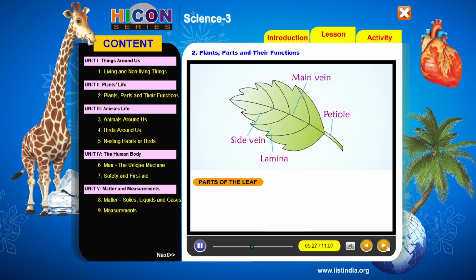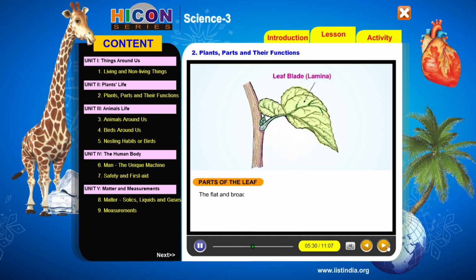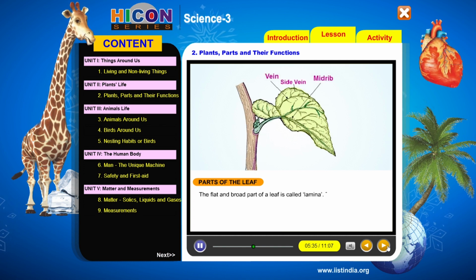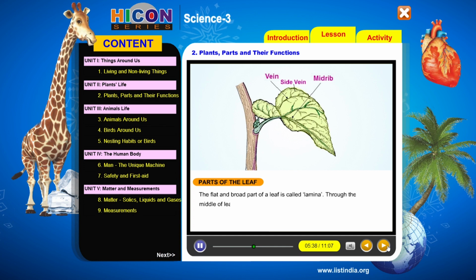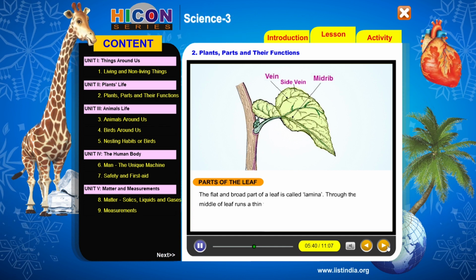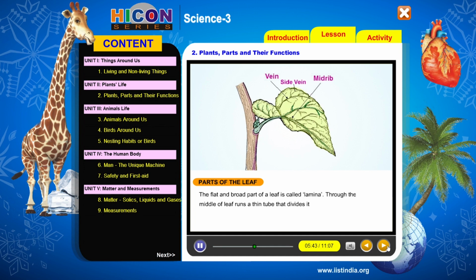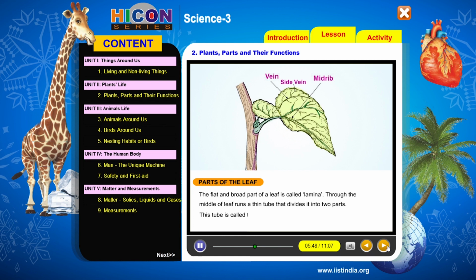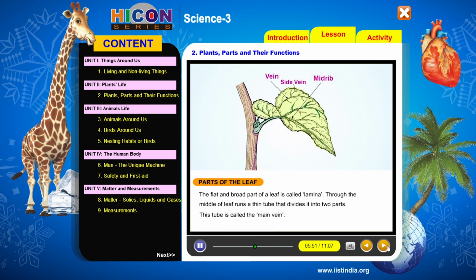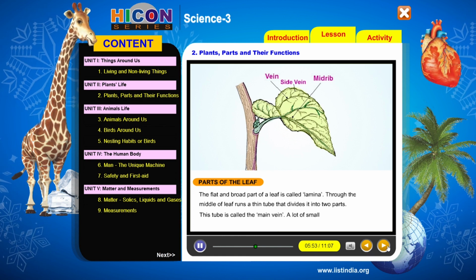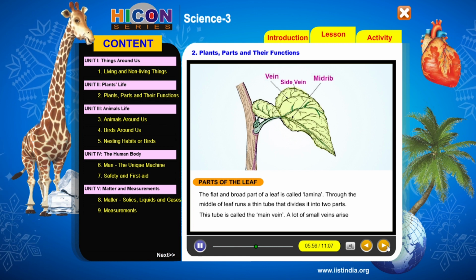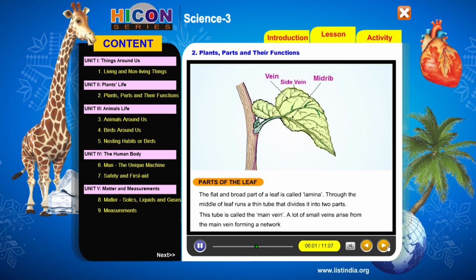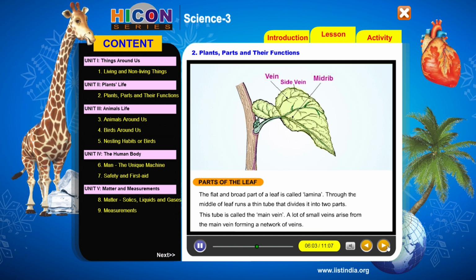Parts of the leaf. The flat and broad part of a leaf is called lamina. Through the middle of the leaf runs a thin tube that divides it into two parts. This tube is called the main vein. A lot of small veins arise from the main vein, forming a network of veins.